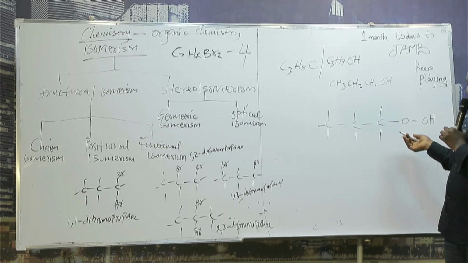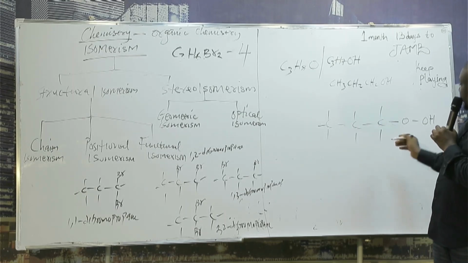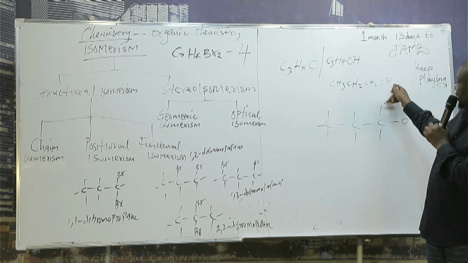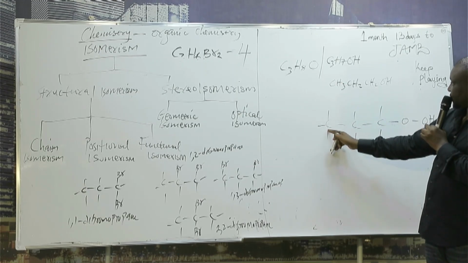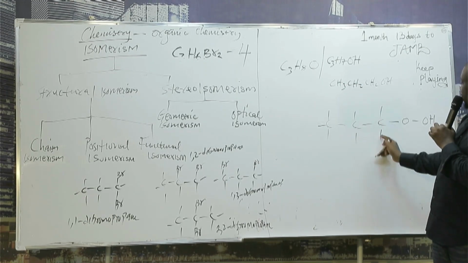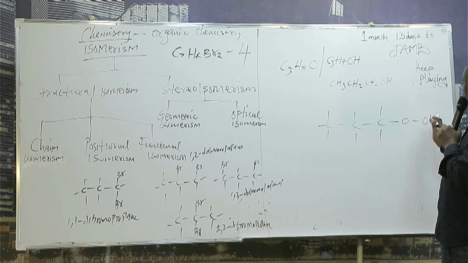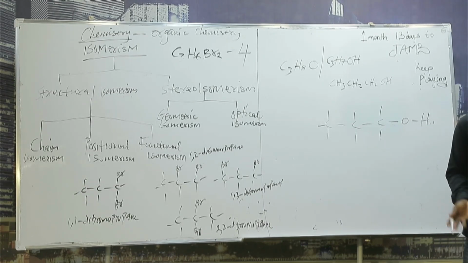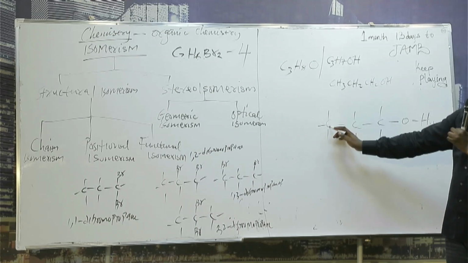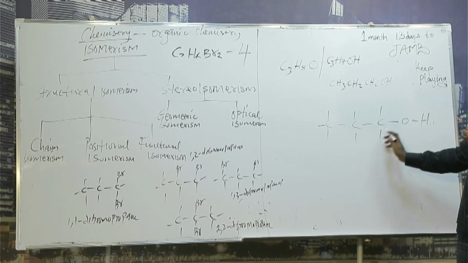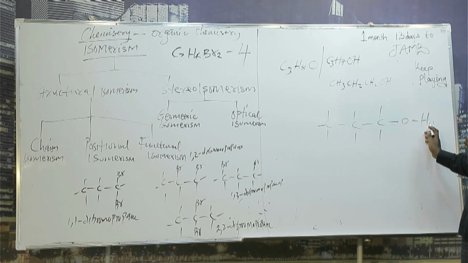Do you see? So where is the H7? Because I've used OH here. Look at this one: CH3, CH2, CH2, OH. I've corrected myself. Well, let's go again: CH3, CH2, CH2, OH. Do you get the point now?